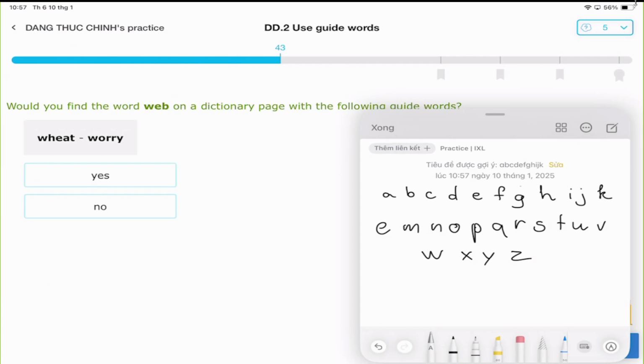Wheat and worry. Would you find the word web? So let's see. I am thinking maybe E came before H. So I think web might not, but let's check.